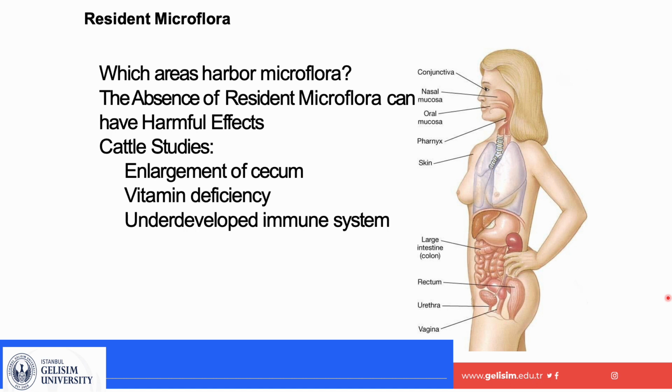Resident microflora can be found in various areas of the body, such as your skin, mouth, GI tract, as well as the reproductive system. The absence of resident microflora can have harmful effects on the body. Why? Because some of these microorganisms are helpful. They play important roles in digestion, in our immune system function, and also in protection against harmful bacteria.